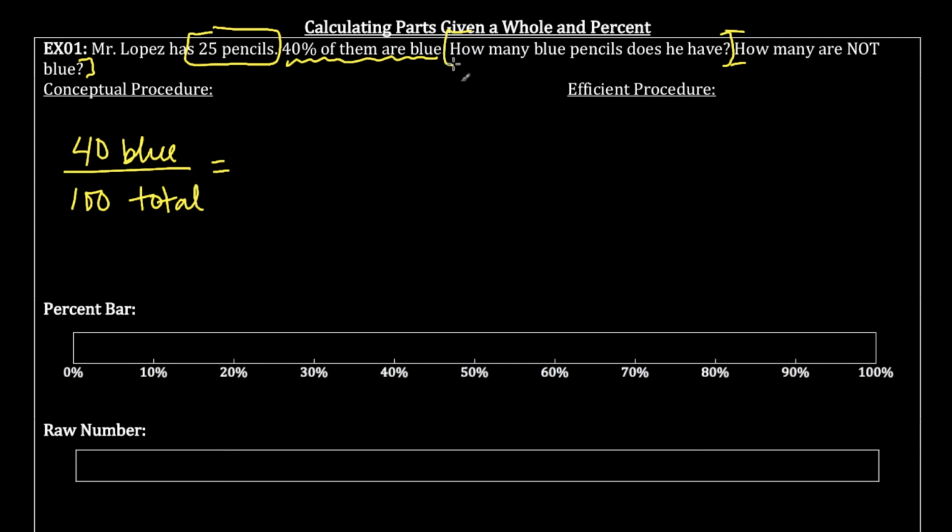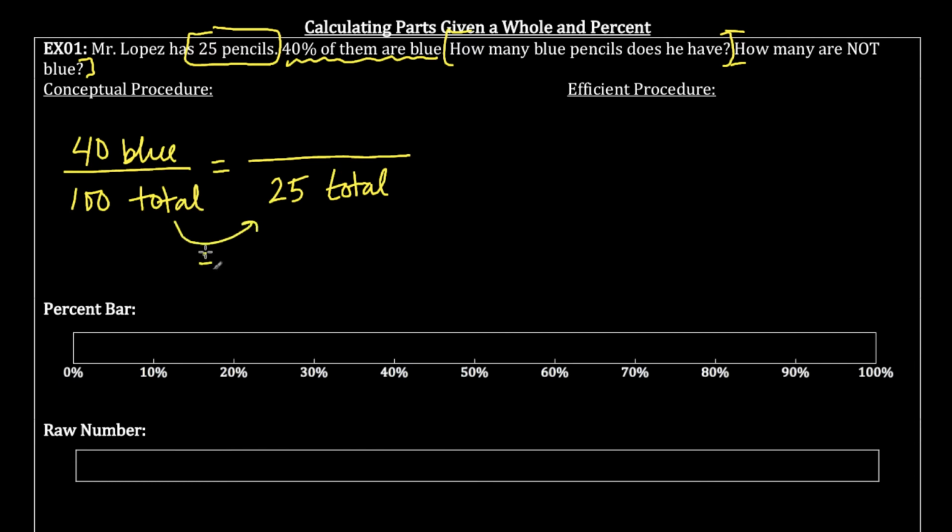Now, it still asks me how many are blue, though. The reason it asks me how many are blue is because we don't have 100 total. We actually have 25 total. So in order to figure out how many blue we have, we have to rewrite this fraction.